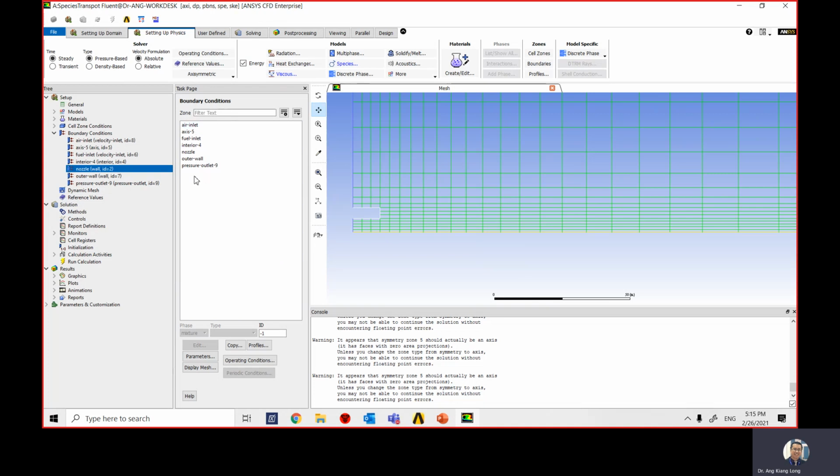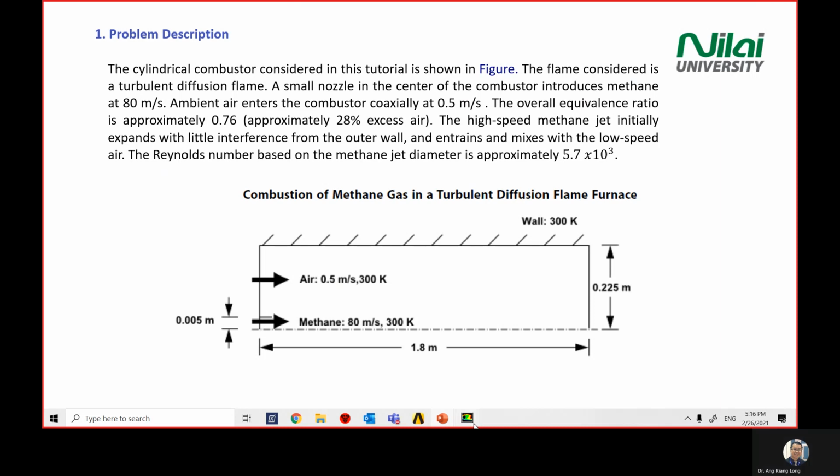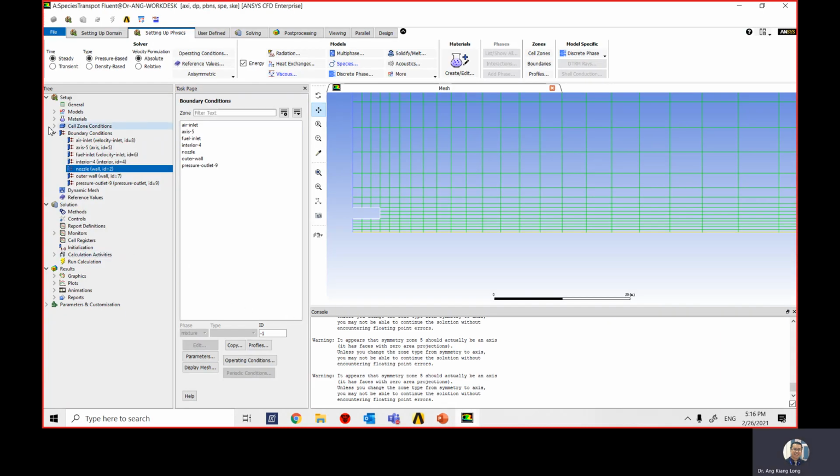So we have done setting for all our boundary conditions. From just now, we already changed the names and also input some parameters according to this diagram. All right. So we have done boundary conditions. After that, we will go for our reaction solution. In this case, we will first calculate the solution for the basic reacting flow by ignoring the pollutant formation.